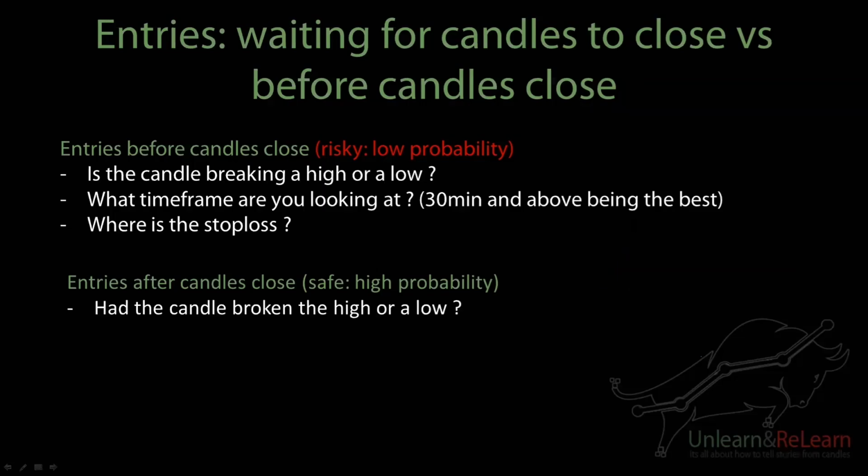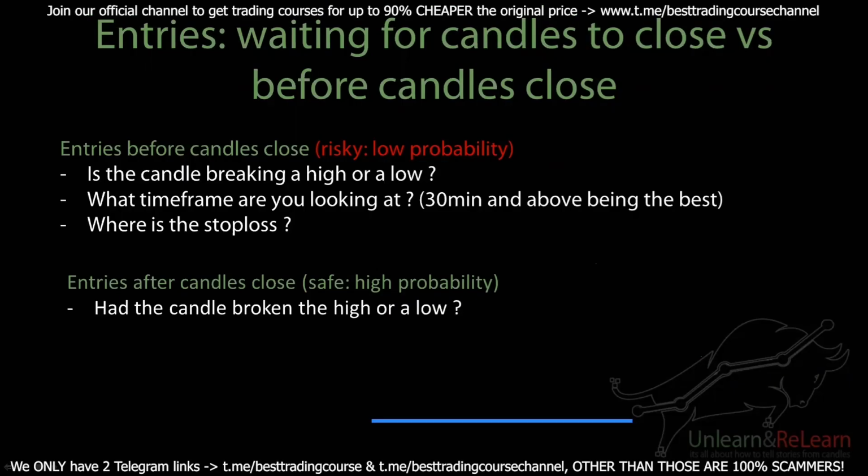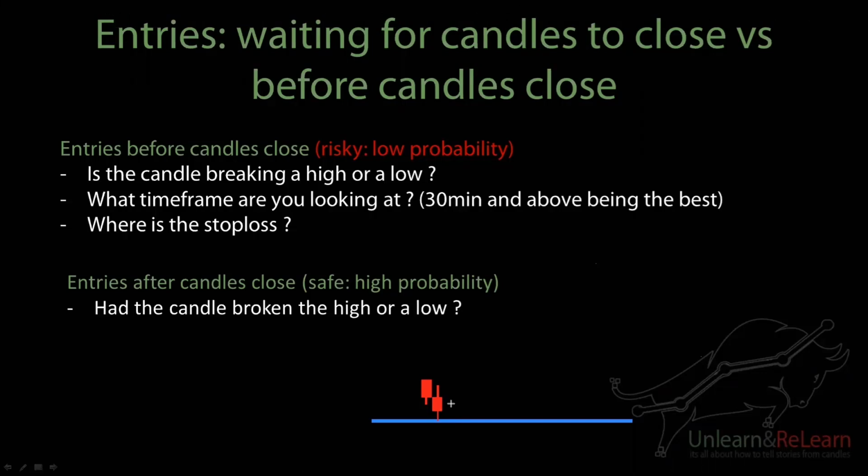Let's say that you had a support over here and we had candles coming down, candles came down over here, and now you had another candle that came down over here and closed kind of like this, with no wick at the bottom.